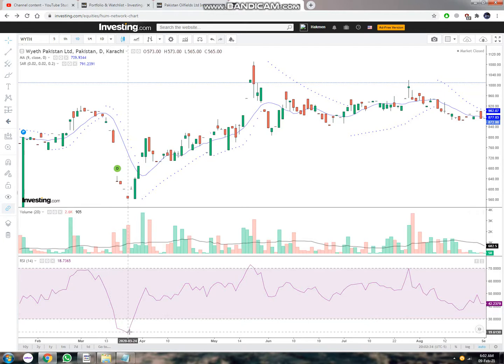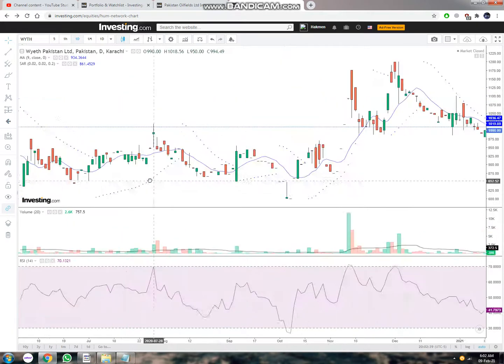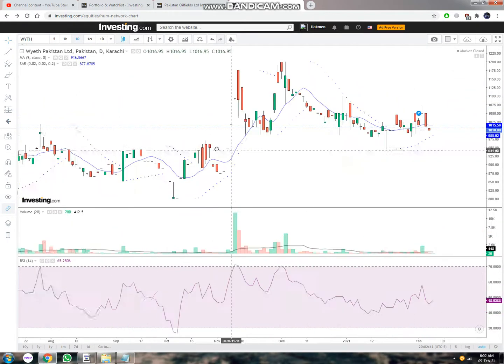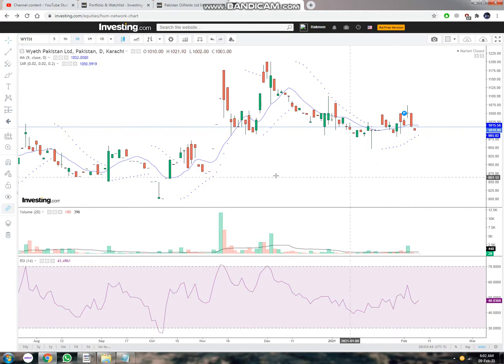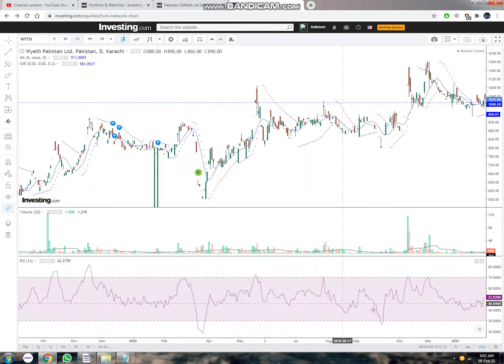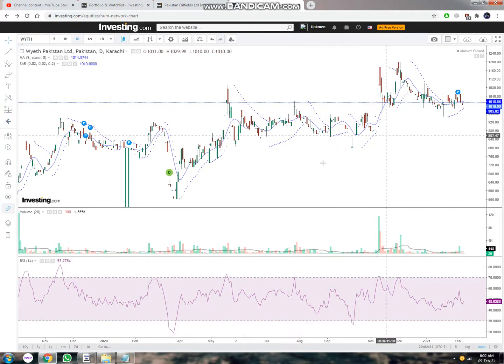This was a major bullish trend, so it went up, but again it was trading in a side trend, and at these levels it is again trading in a side trend. You can take a clear look from the RSI as well. The RSI is good for using in these types of markets, and it is important to find your own overbought and oversold areas.